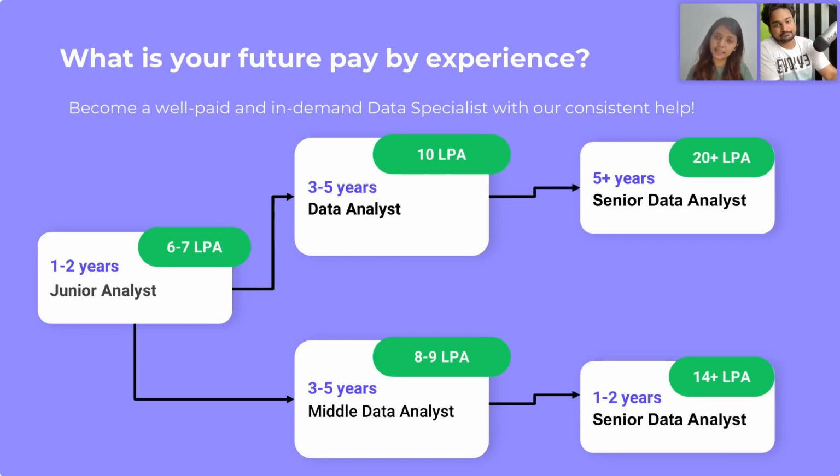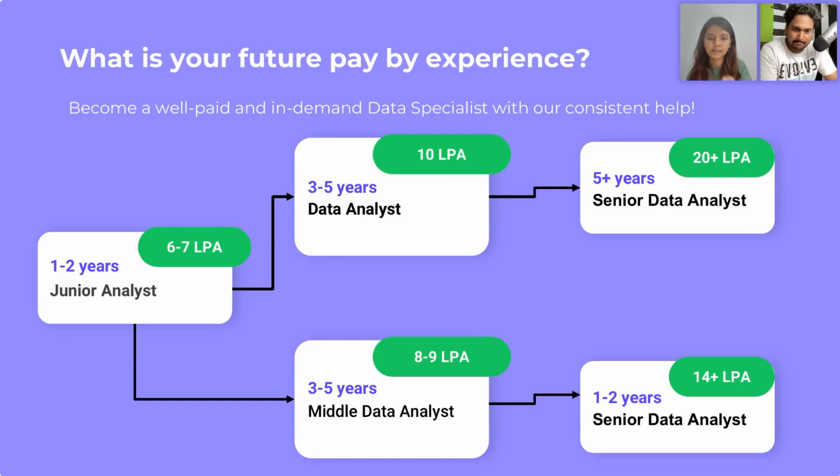Sure. So in the data domain, the starting packages you can expect are around 8 to 10. The numbers you have quoted are kind of very subtle, I would say. But entering the data domain as a data analyst, an ideal package would be around this. And once you go beyond that, ladder by ladder, from junior to mid-level, associate, then senior level, the salary increases exponentially.